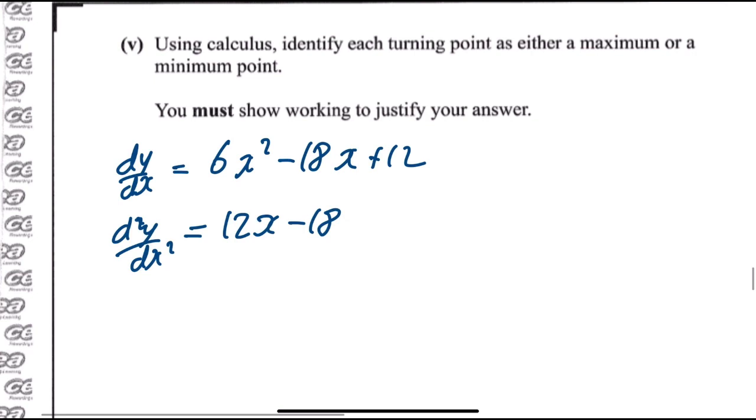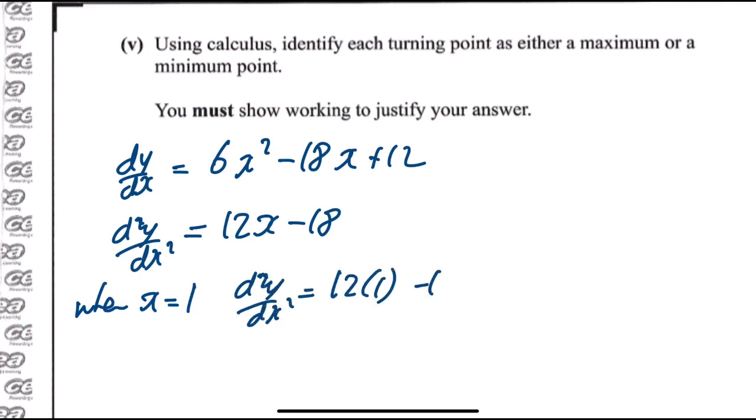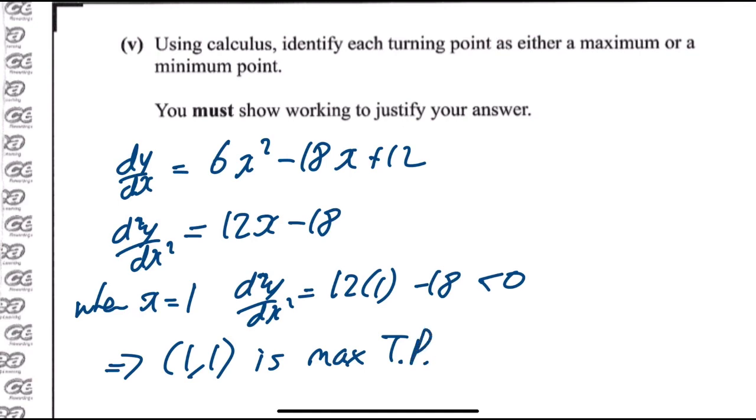And then we want to put in the x values. So just say when x equals 1, d2y/dx squared is equal to 12 times 1 minus 18. It's minus 6, which is less than 0, which tells you that the point (1, 1) was a maximum turning point.